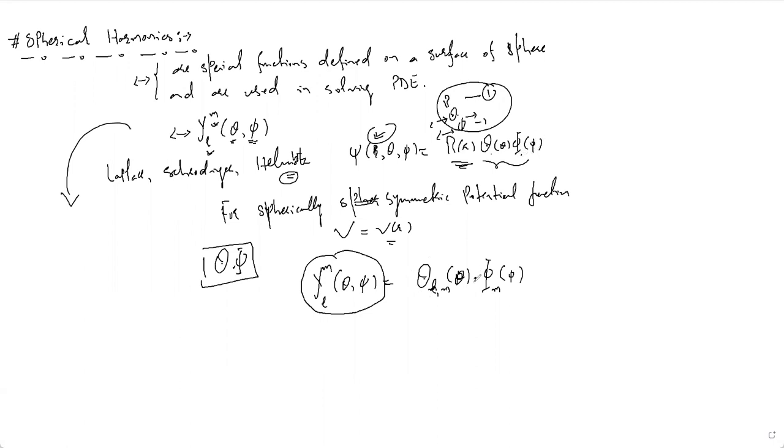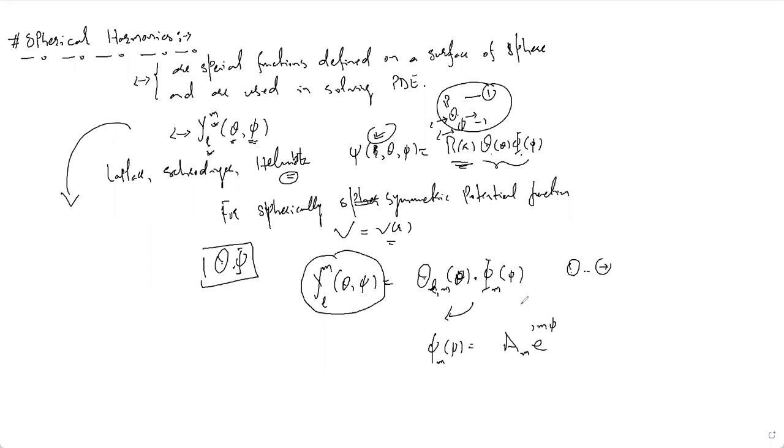Now, you can go through the lecture where I separated the Helmholtz equation into spherical coordinates. The solution to this phi equation is always given by Phi_m(phi) equal to some constant A_m times e to the power i m phi.